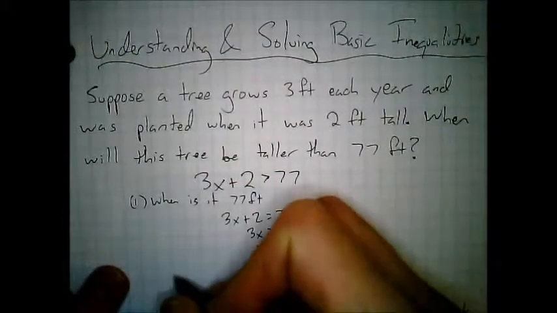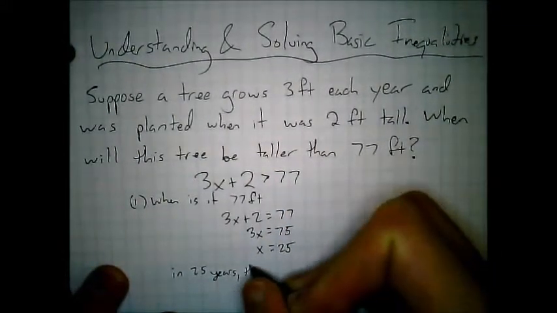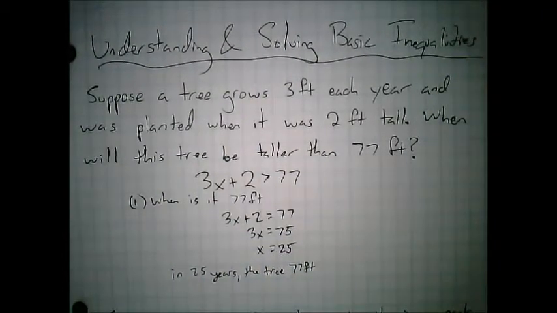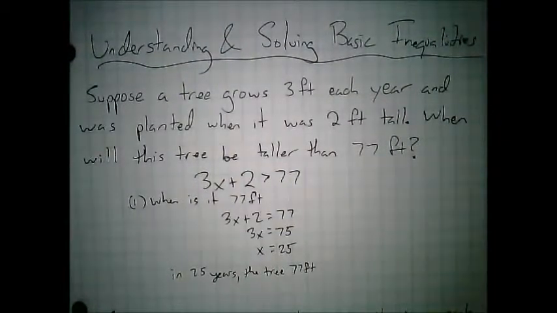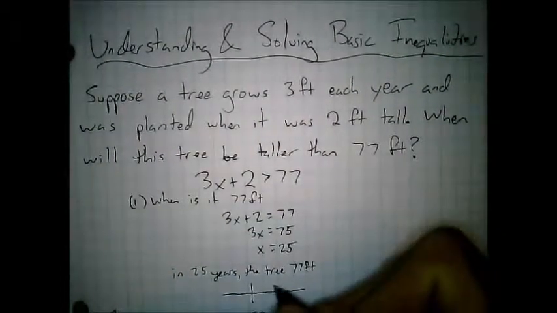So in 25 years, the tree is 77 feet tall. Okay, that's great, but we don't want to know when is it 77 feet. We want to know, when is it taller than 77 feet. So basically, we understand that this tree is growing, and in our minds, we make a little table of what's going on.